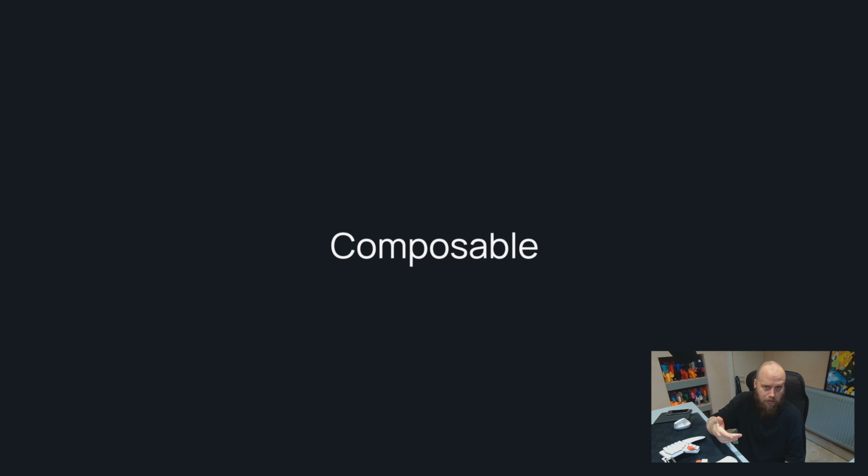So composable architecture, you're probably already doing it. Kind of. Maybe not strictly, but you're relying on packages to perform certain parts of functionality. You're relying on maybe Spatie's permissions package.